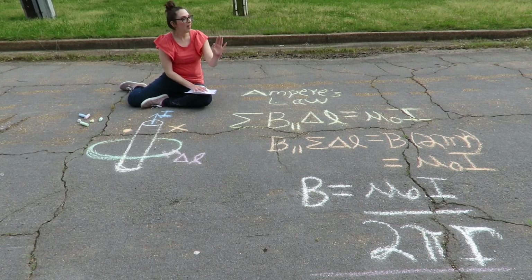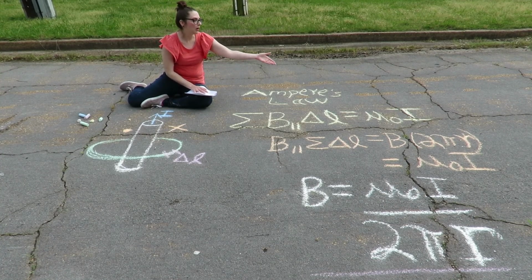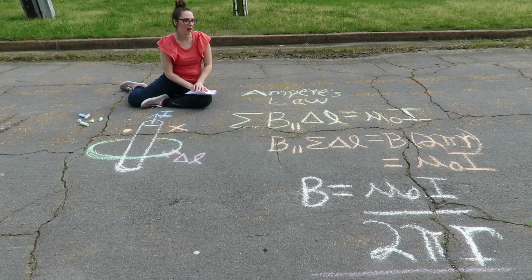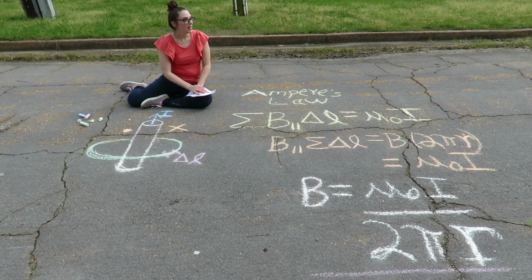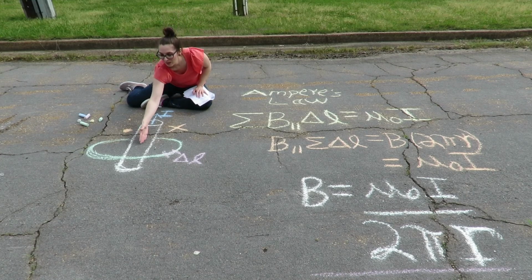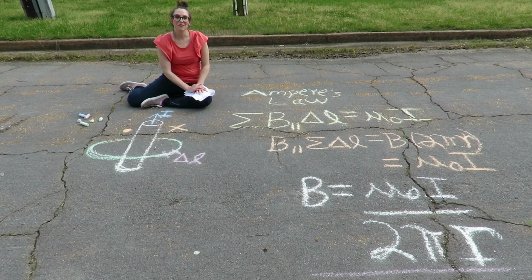And that also equals mu sub zero times I. You can set those equal to each other, and you see that the magnetic field at some distance away from our wire is equal to mu sub zero times I divided by 2 pi r, and in this equation, r is the distance that you are away from the center of this wire.